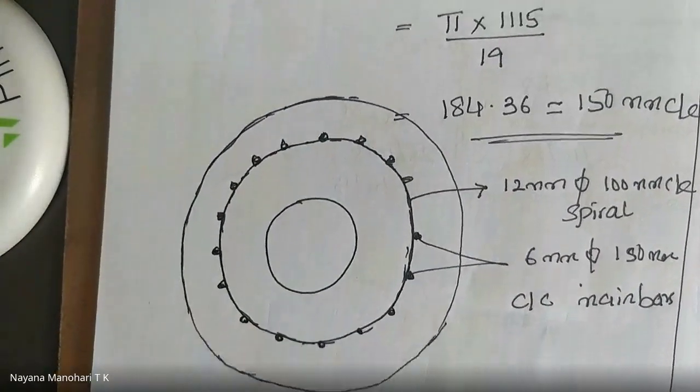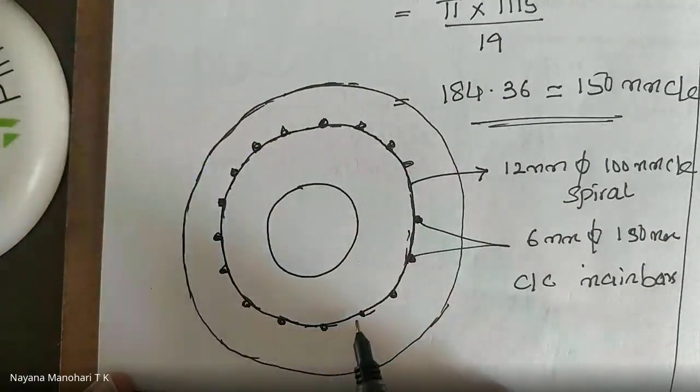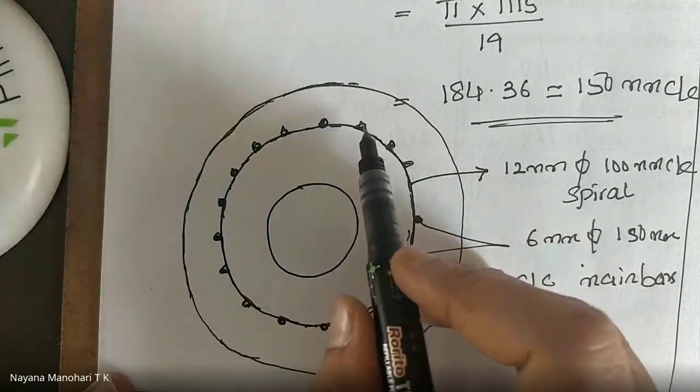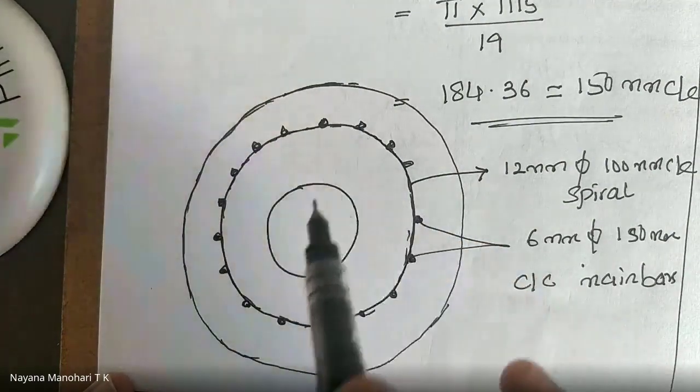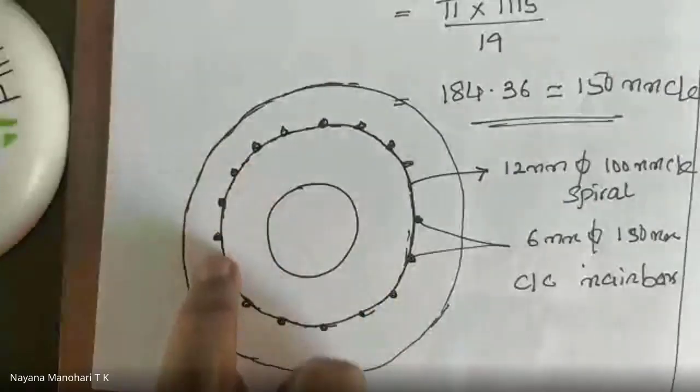The spiral reinforcement will look like a circle. On the top of that, the main bars are perpendicular to this. When you look at the main bars from the side view, they will look like a point. Spiral means it is circular only, so it will look like a circle. I wrote circle here.